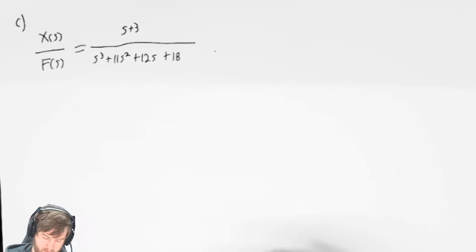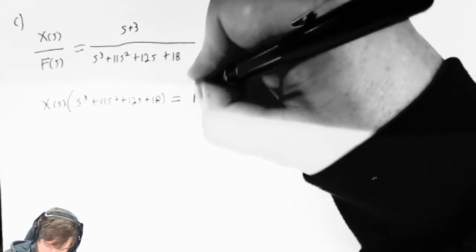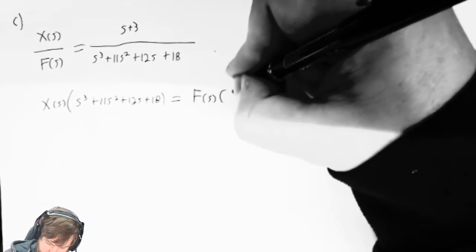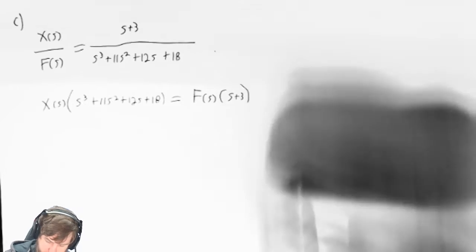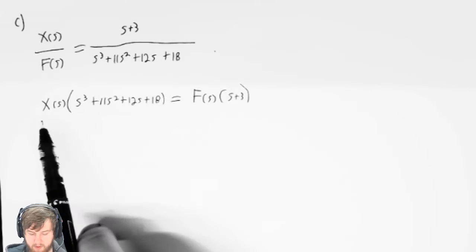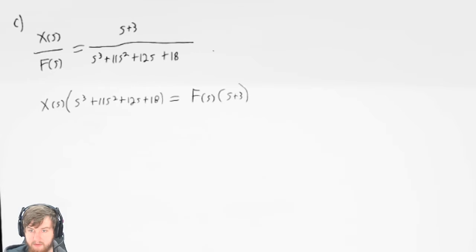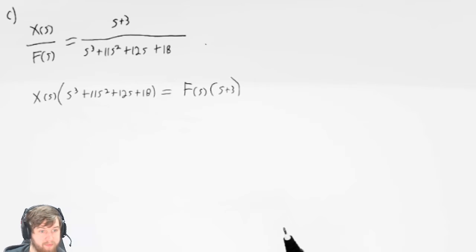So we'll end up with x of s times s cubed plus 11s squared plus 12s plus 18 is equal to f of s times s plus 3. Again, we'll distribute out our functions as we do the inverse Laplace transform.